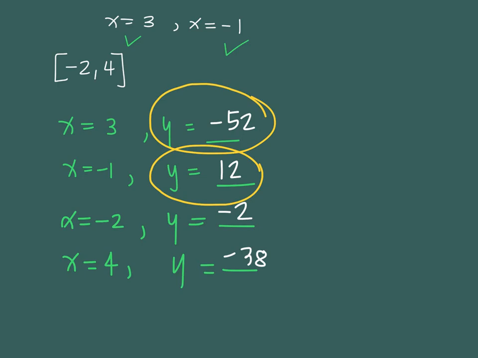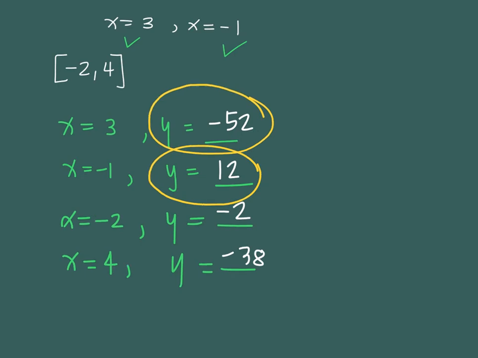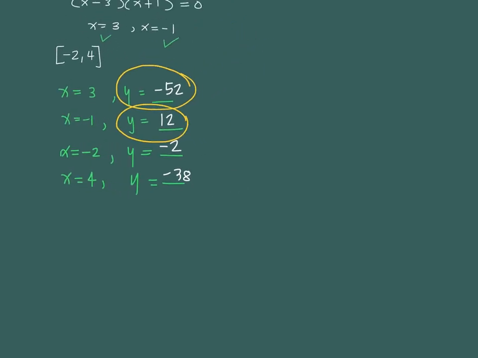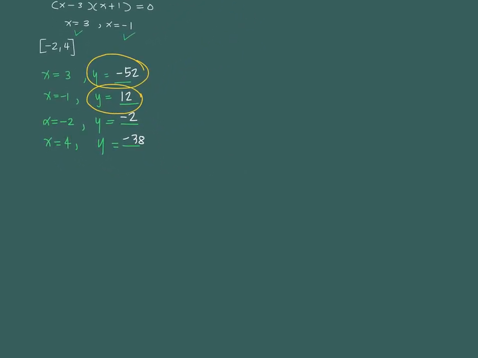Now we can further support this, although because we have only x equals 3 and negative 1, we can further support this by having those numbers, negative 2 and then 4, we have negative 1 and 3.